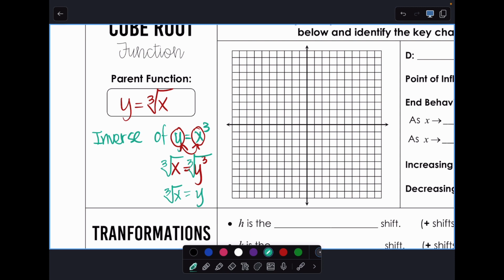So the inverse of y equals x cubed, if I switch the x and y around and solve for y, I get y equals cube root of x.